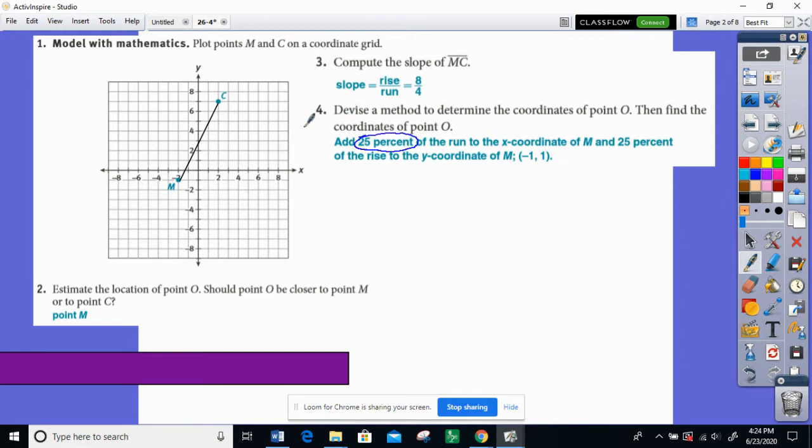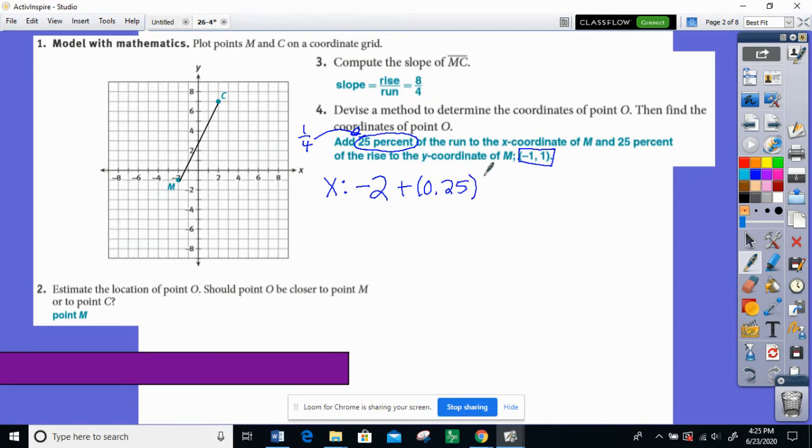Well, because 25% is 1/4 as a percentage of the run to the x coordinate of point M and 25% of the rise to the y coordinate of M. So let's see what work we need to show to get that the answer is (-1, 1) for the coordinates of point O. Well, we're starting at point M. The x value of point M is -2, but we're supposed to add 25%, 1/4 of the run.